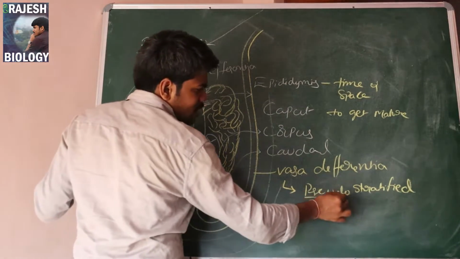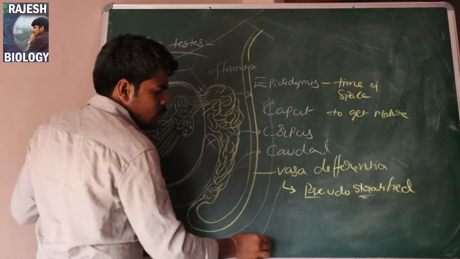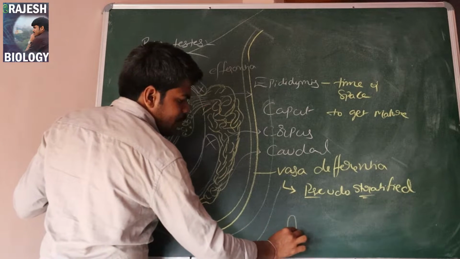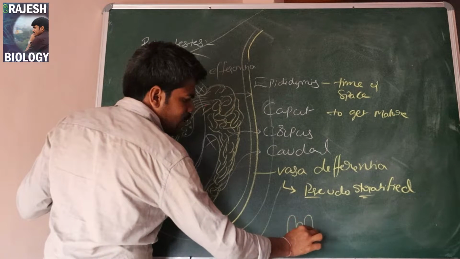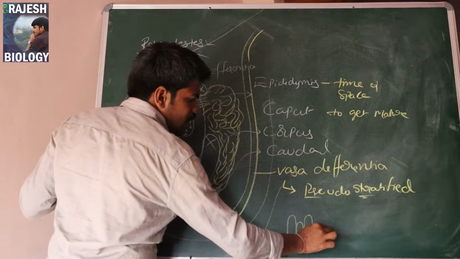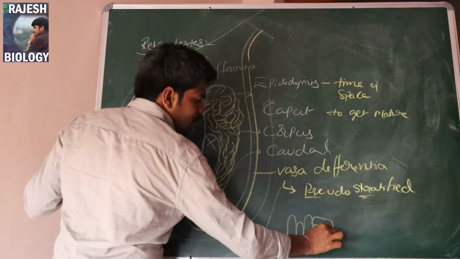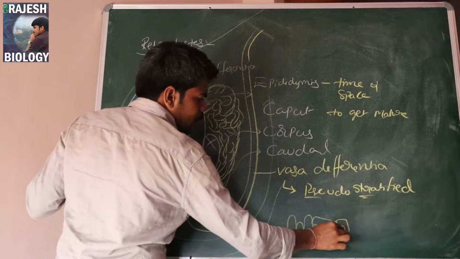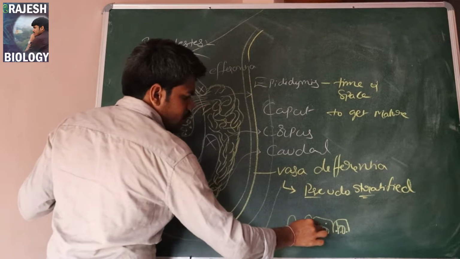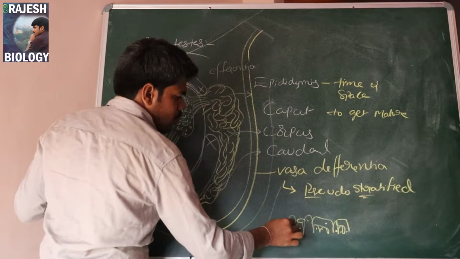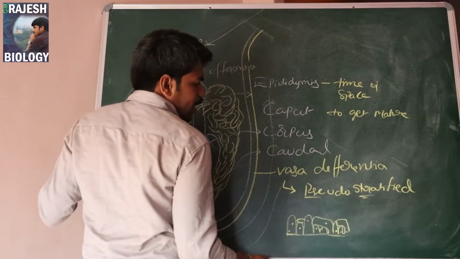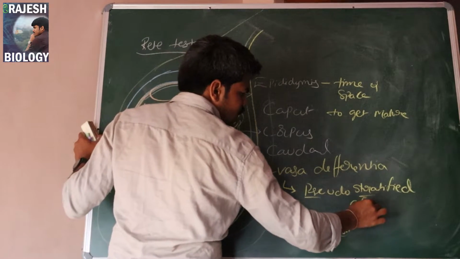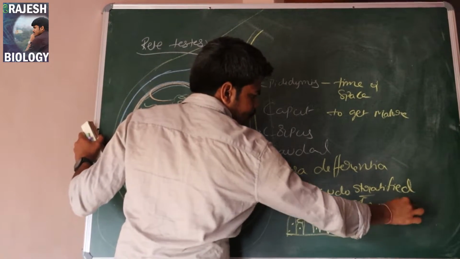Pseudo means false, strata means layers. So the epithelium looks like this. It is a pseudostratified columnar epithelium. It is a pseudostratified what? Columnar epithelium. So the epithelium looks like this, and it is a pseudostratified columnar epithelium.